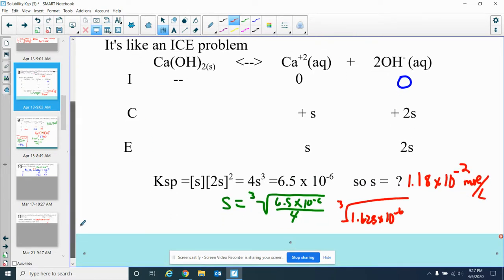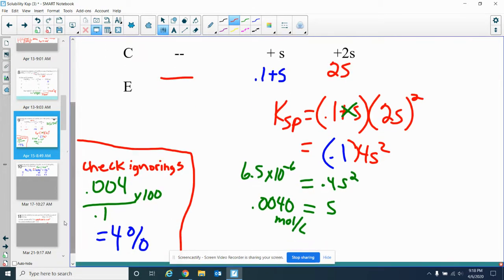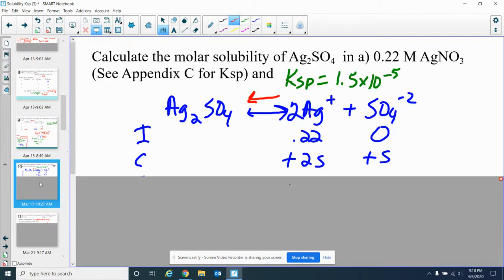We got a solubility of 1.18 times 10 to the minus 2nd, or 0.0118. Then in the problem I just did, when there was already some calcium in there, that made it less soluble, so it's shifting the equilibrium this way, which means S would come out to be lower, and it did. It came out to be 0.004.